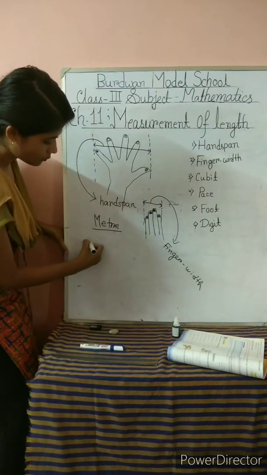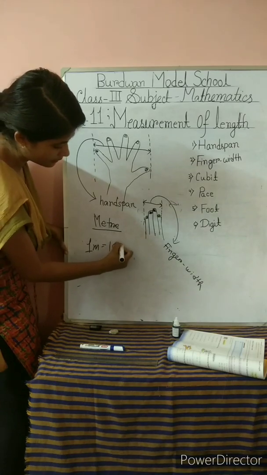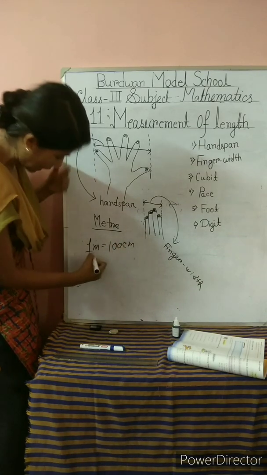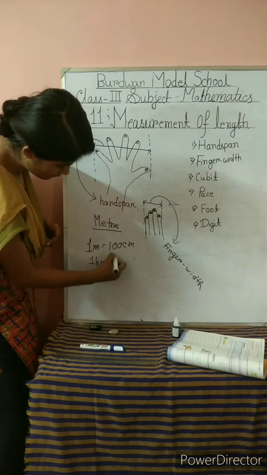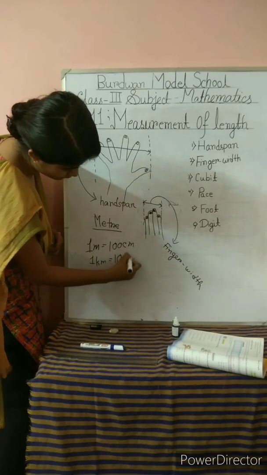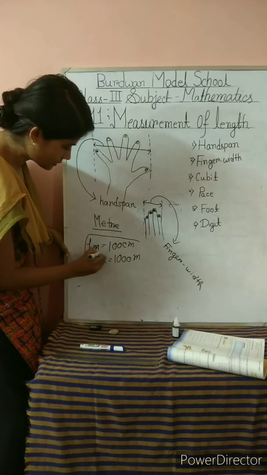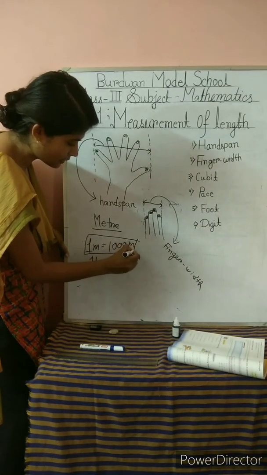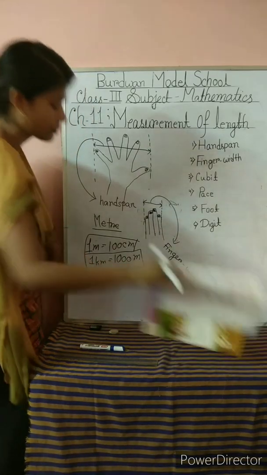Now see, 1 meter equals 100 centimeter, and 1 kilometer equals 1000 meter. 1 meter equals 100 centimeter, and 1 kilometer equals 1000 meter.